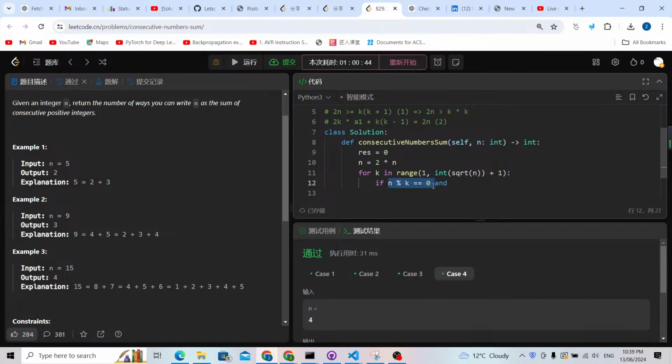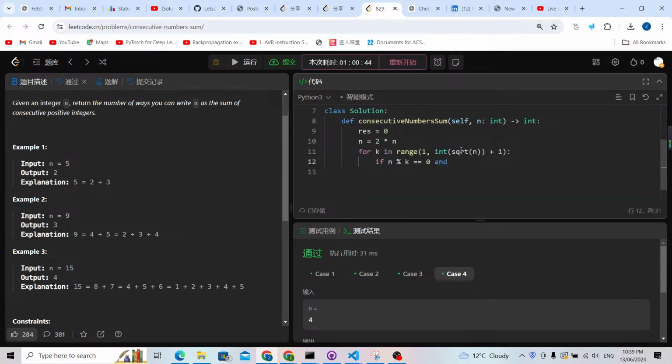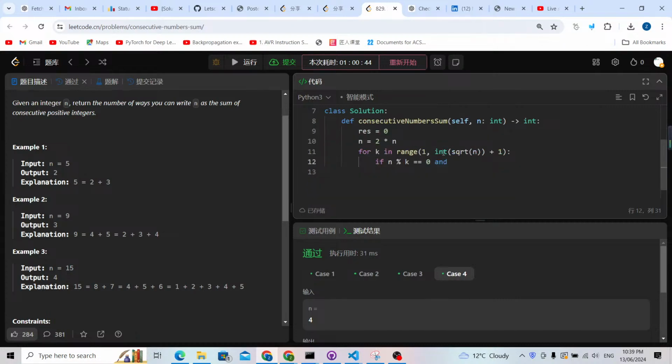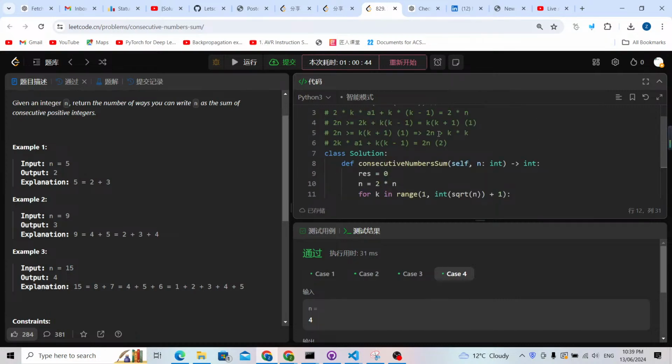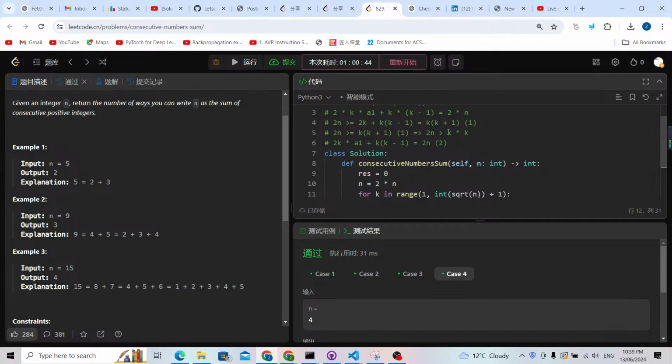This is gonna be modular k equal to 0. Modular k and also this number should be smaller because k squared should be less than n.